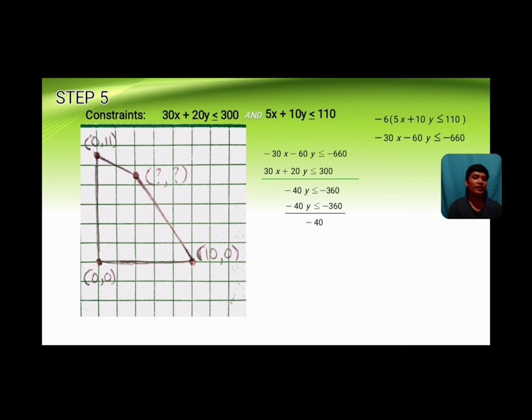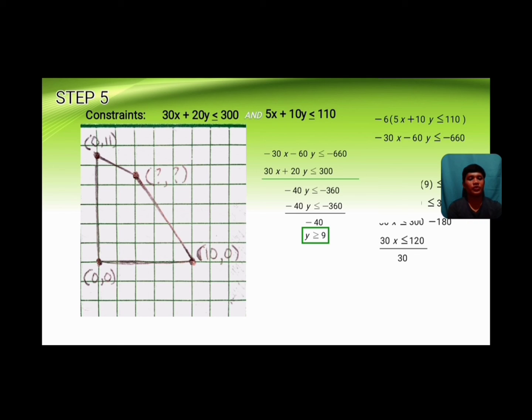To find the value of y, we divide both sides by -40, so that we get y ≥ 9. If you're confused why the inequality is reversed into a greater than sign, it's because when we divide both sides by a negative number, the inequality is reversed. Okay, so that's why.